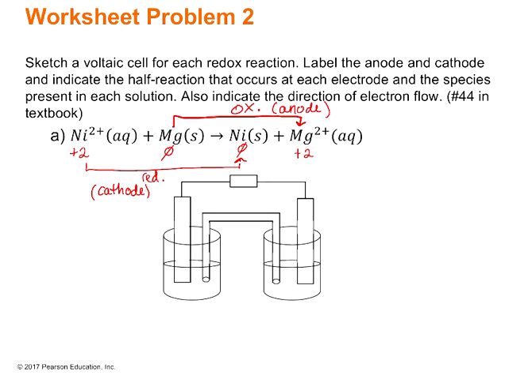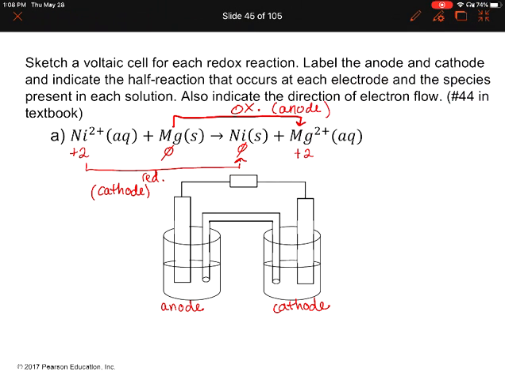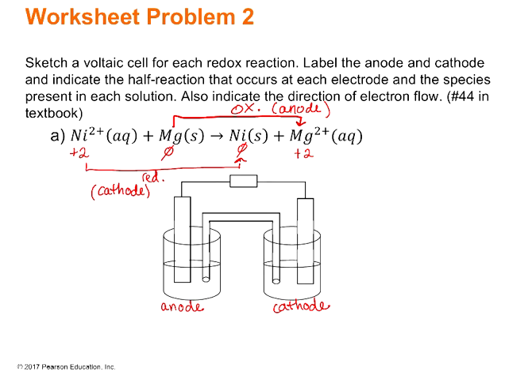Okay, now typically we draw the anode on the left-hand side. So we could label the left cell the anode, and then the right-hand half cell will be the cathode. Now let's write the half reaction that occurs for each. At the anode, we have our oxidation reaction.